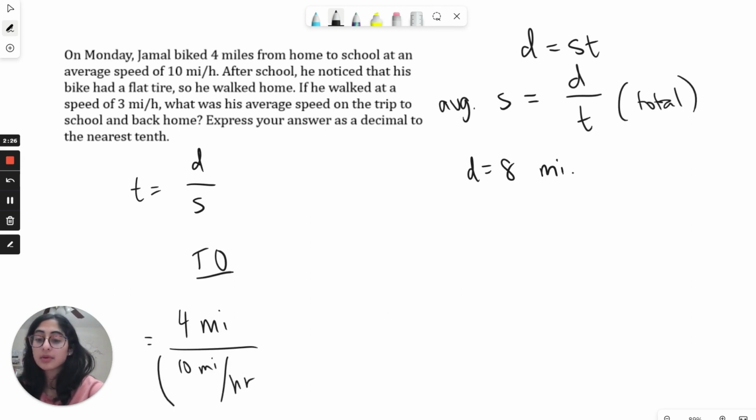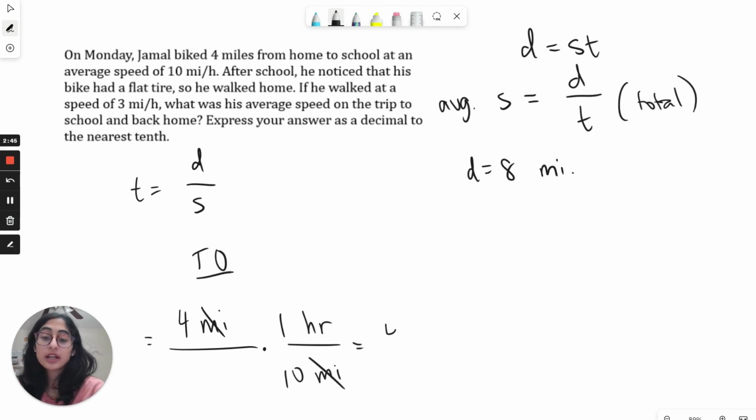Now, 10 miles per hour is a fraction, and instead of dividing by a fraction, I want to multiply by its reciprocal because that's the exact same thing. So instead of dividing by 10 miles per hour, we're going to multiply by 1 hour over 10 miles. And this is really nice because the units will cancel out, and we get that it took Jamal 4/10 hours to go to school.